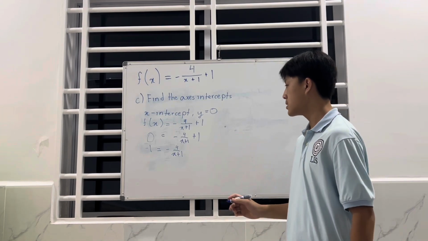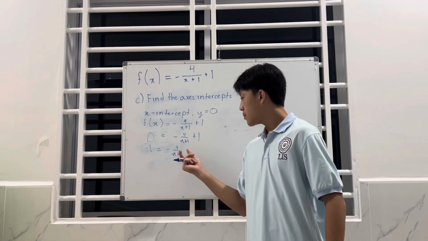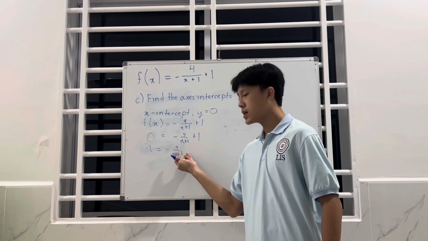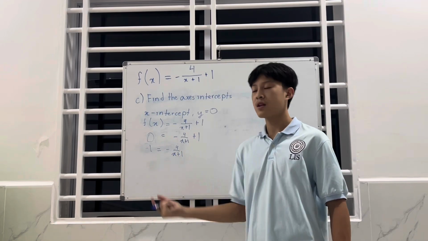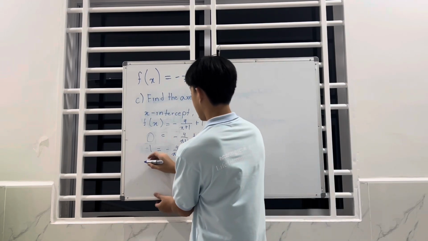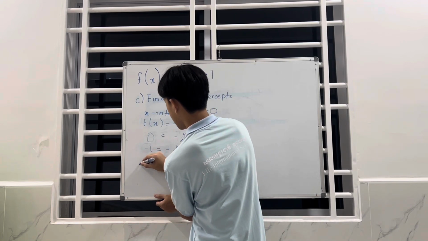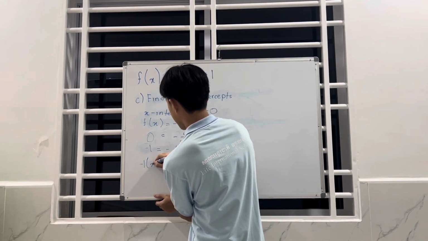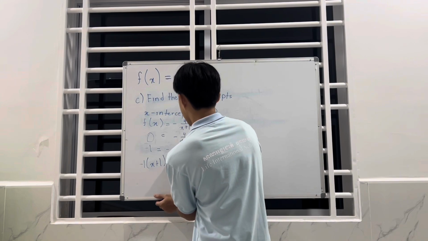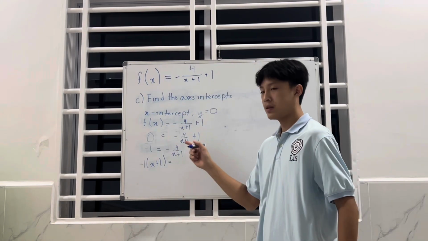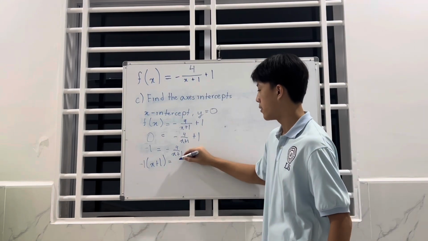And after this, you can get this x plus 1 and move it to the other side, which will be -1 times x plus 1. And after you move it, -4 will drop down.